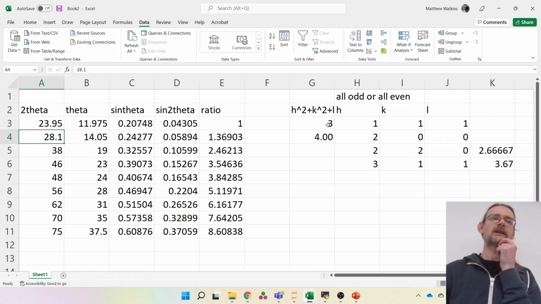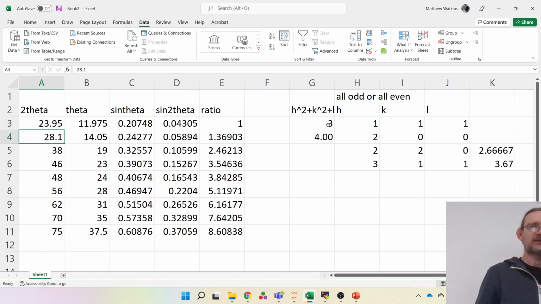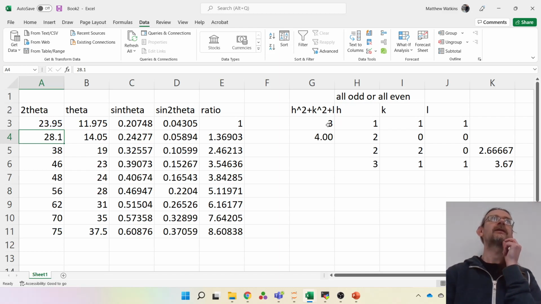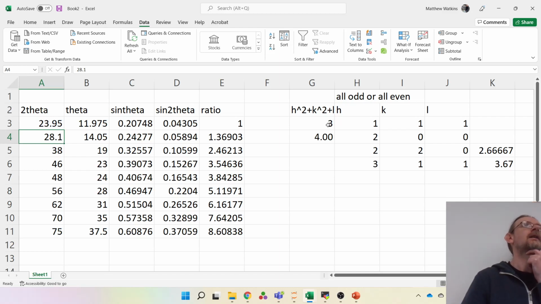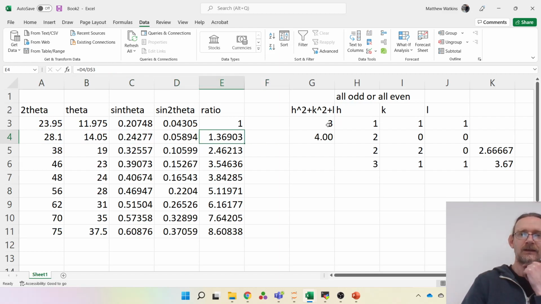Just for argument's sake, I'll do a tiny bit of adjusting there. It wouldn't take very much to get that to be closer.